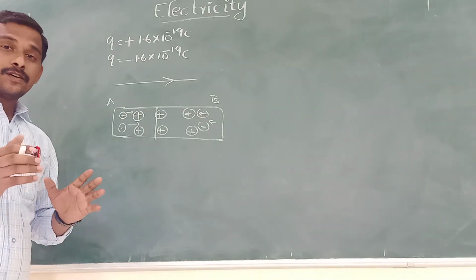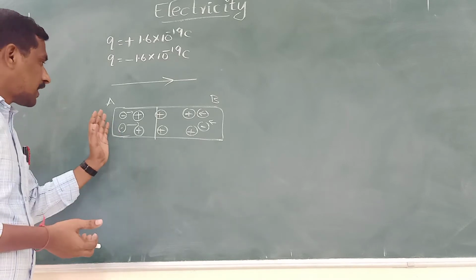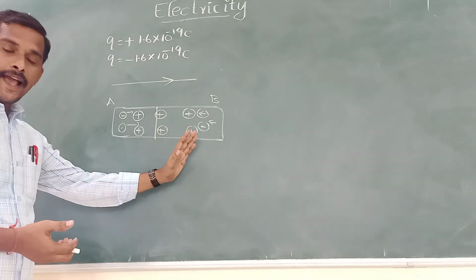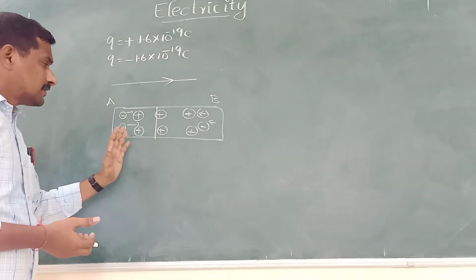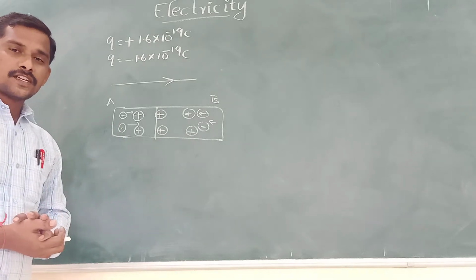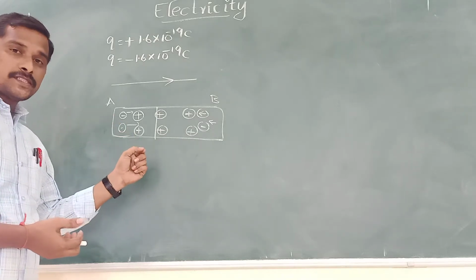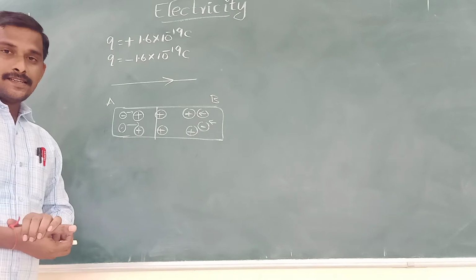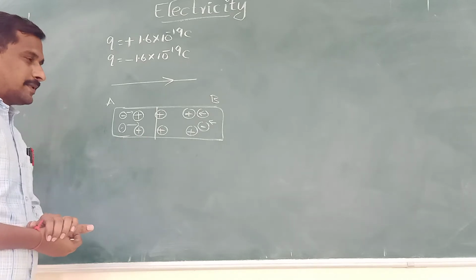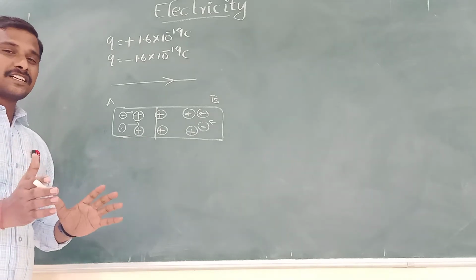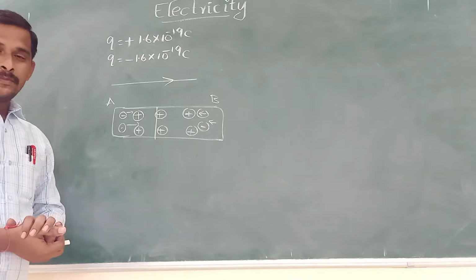When it is in open circuit, the charge moving from A to B as well as from B to A is equal, so we can say the net amount of charge in an open circuit is zero.